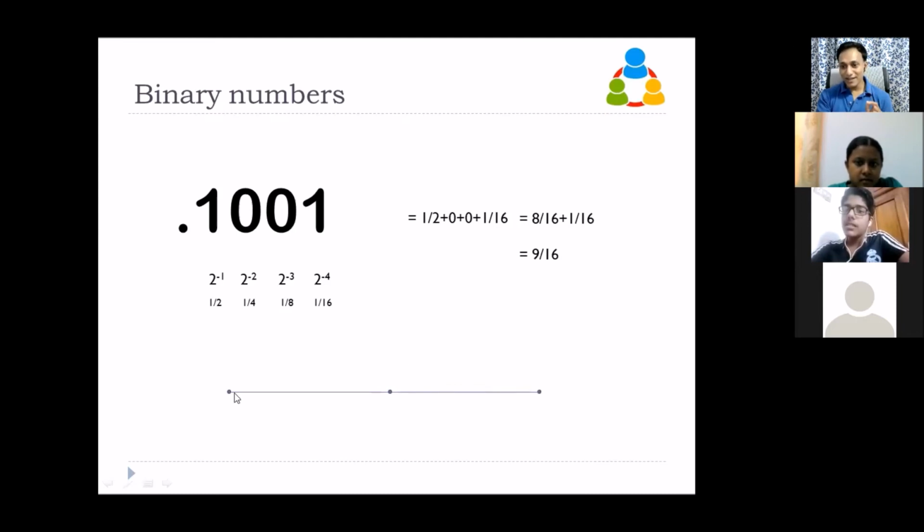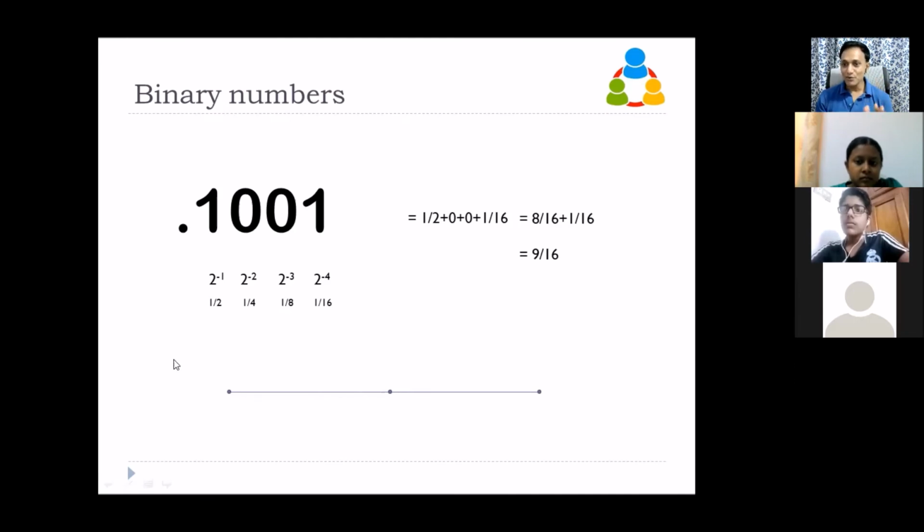See, let us assume this is 0, this is 1. Now, after the decimal, this is some decimal number written in binary. We are trying to understand what it is. 0 means it starts from here, it has not moved. 1 means 0.5 to 1 comes to 1. 0 to 0.5 is 0.